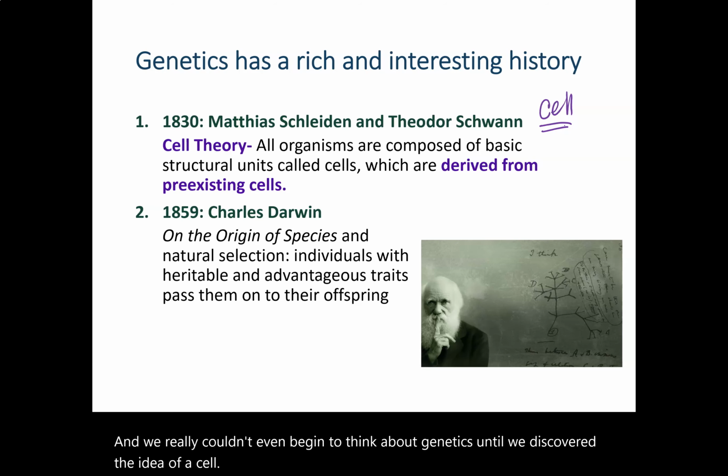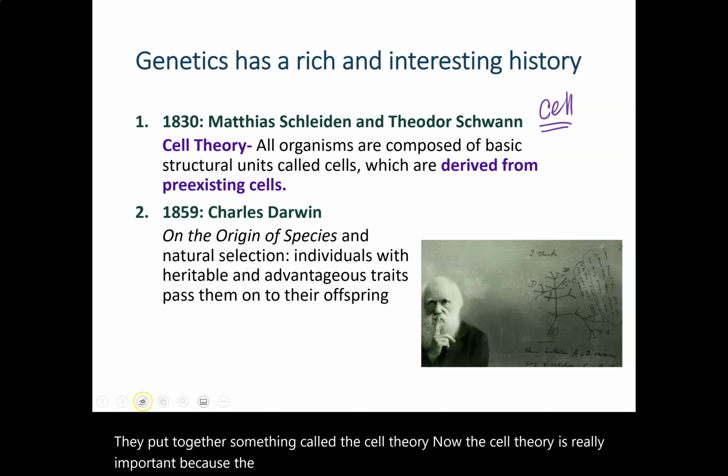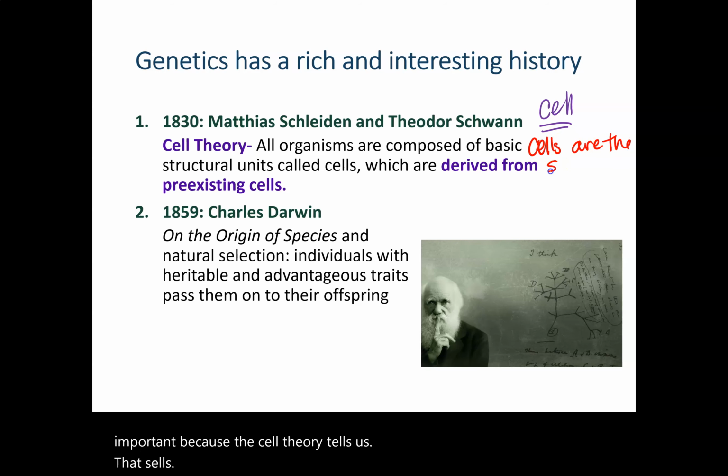So in the 1930s, we have two scientists, Matthias Schleiden and Theodor Schwann. They put together something called the cell theory. Now, the cell theory is really important because the cell theory tells us that cells are the smallest living unit.